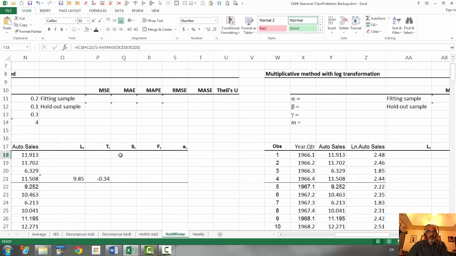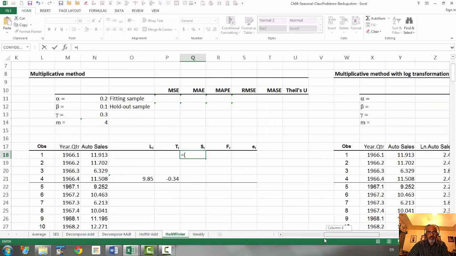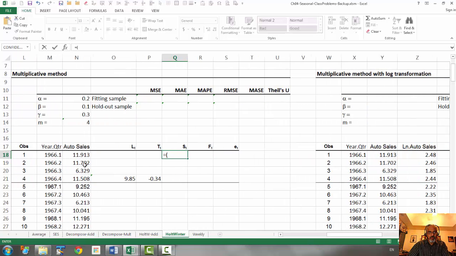Okay, now the initial value for the seasonality is for the first season. You take the average of the first season of year 1 and year 2, divide by 2. Then in the additive model we subtracted the average of 2 years. Now we need to divide.